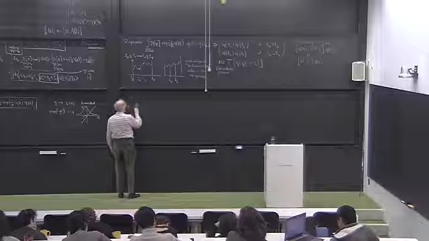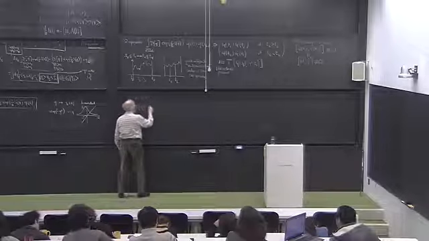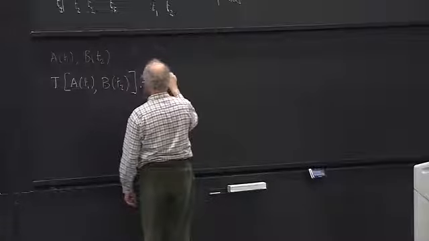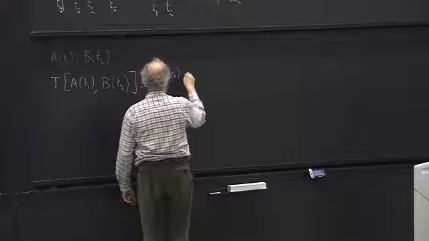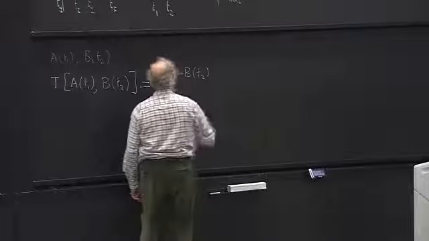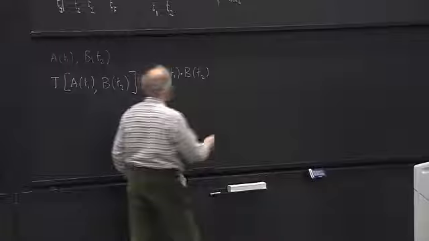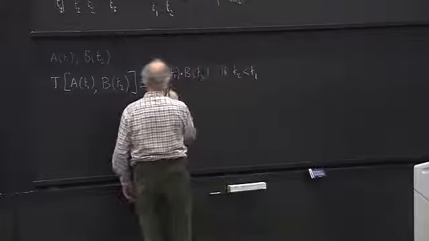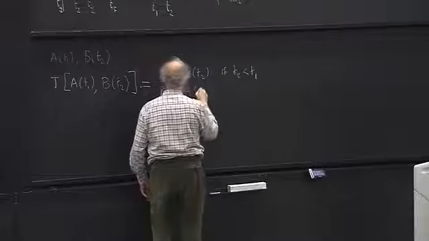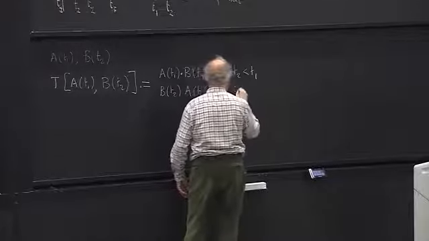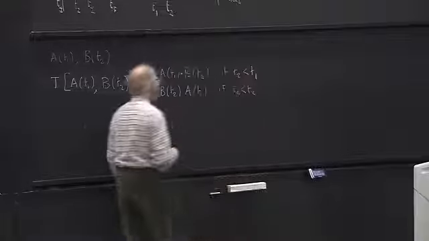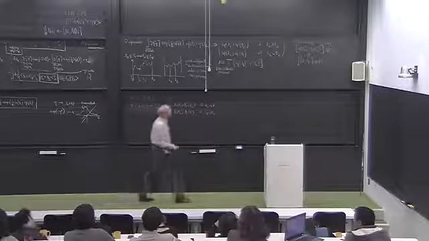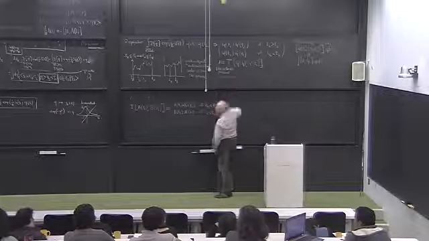The time-ordered product of A of T1 and B of T2 is by definition equal to A of T1 times B of T2, where this is a product in terms of operators, if T2 is less than T1, and B of T2 A of T1 if T1 is less than T2. Okay. So that's the definition of a time-ordered product.